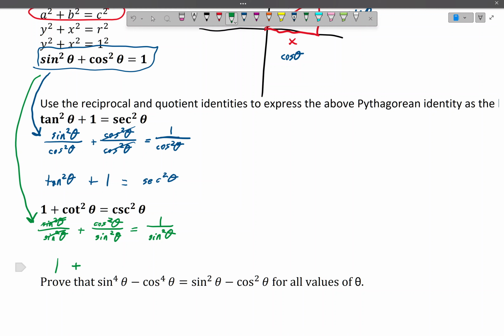But the cos over sine is the reverse of tan, 1 over tan, which is cotangent, and then this is going to be cosecant.